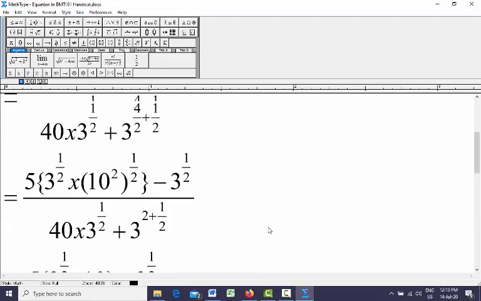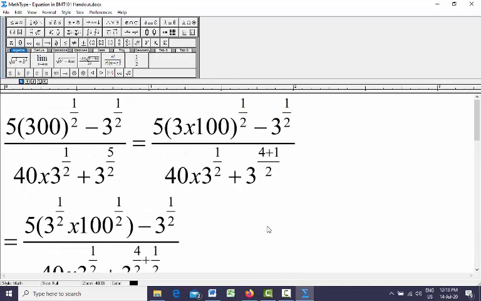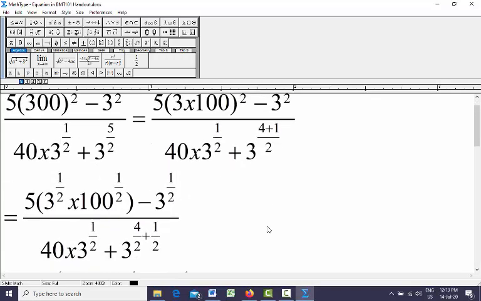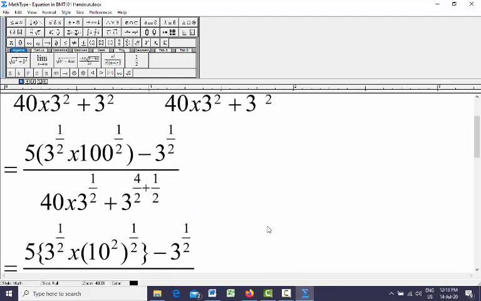Right? So let us revise it. See if I have written correctly or not. Yes, 10.